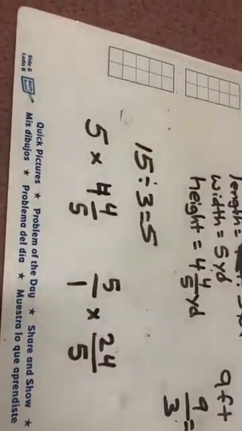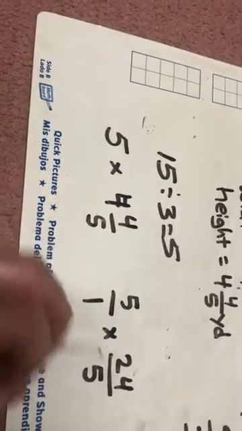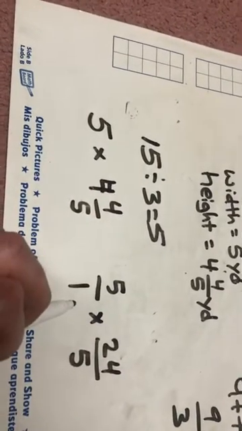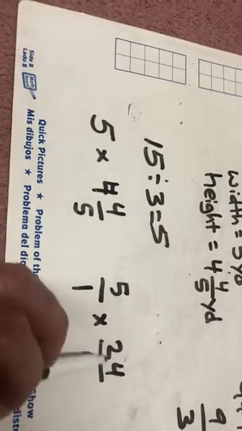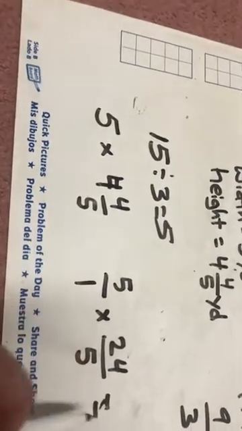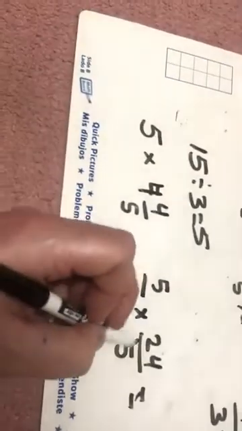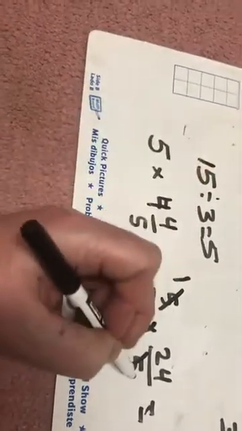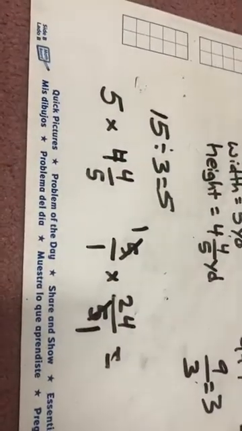So it's going to become times 24 over 5. Well, I can't cross-check a 1 and a 24. Nothing can go into both of them except 1. Well, my 5s can both be divided by 5, so those are both going to become 1.